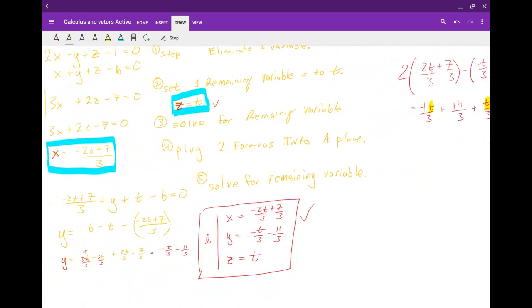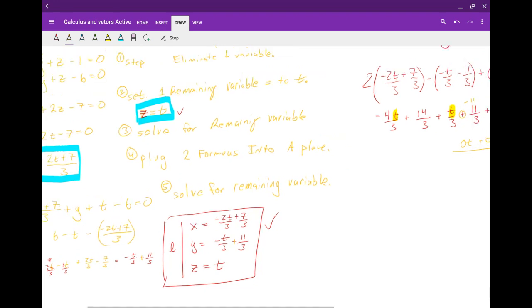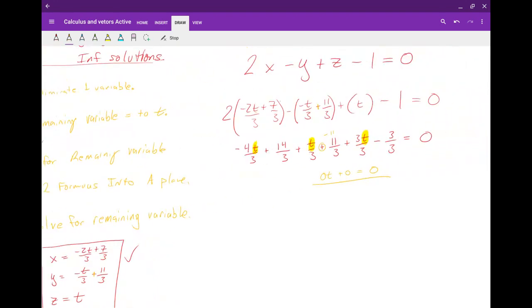Where does this 11 come from? Here's my negative 11, right? And there's the issue. It's 18 minus 7. You see that? 18 minus 7 is supposed to be a positive 11, which is right here, which makes this positive, which then distributes that negative in and makes it a negative 11, which means 0 equals 0.